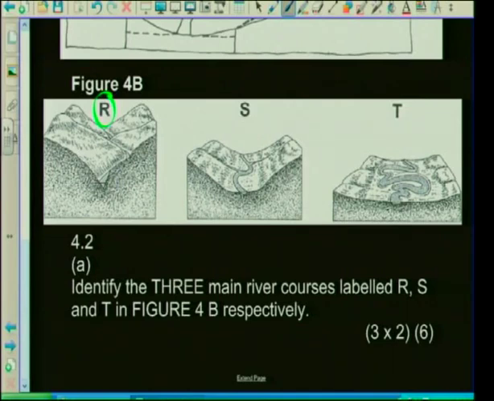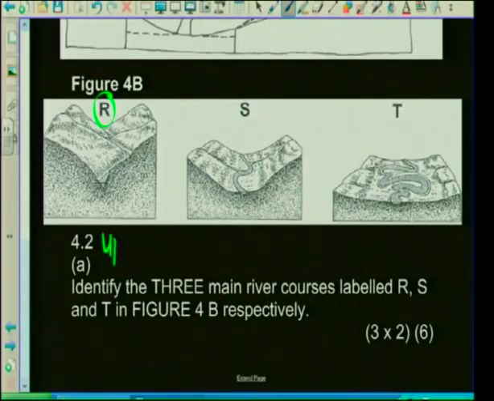Therefore, it can be called the upper course, the torrent course, or even the youthful course. Those are the names that are associated with diagram R. The most common ones that are used for diagram R are upper course or the youthful stage of my river.